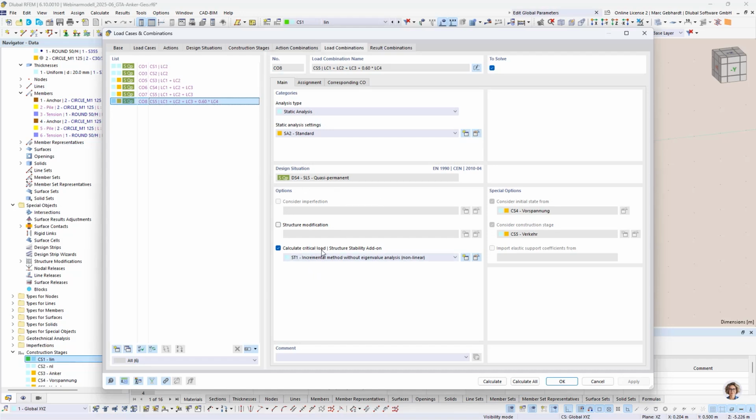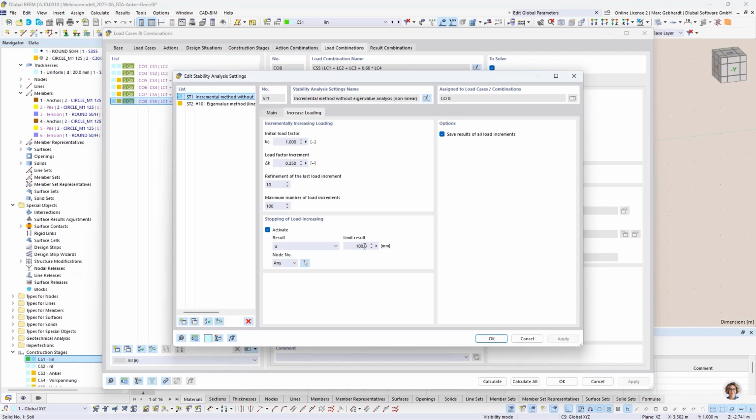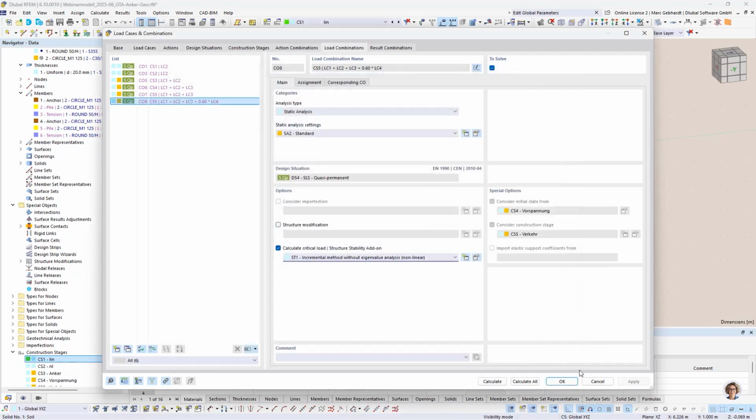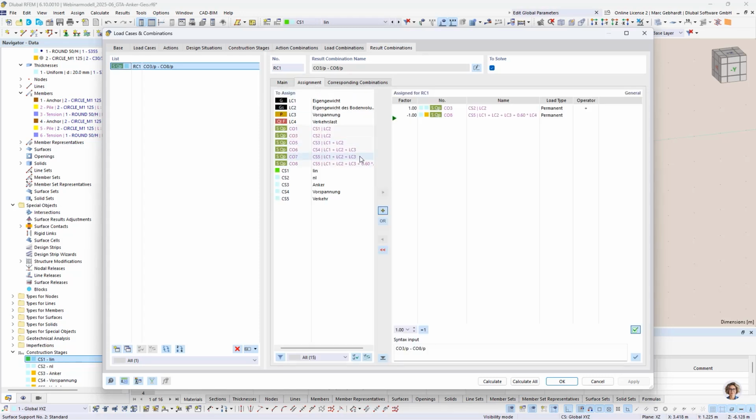As said before, we want to do a critical load analysis by the structure stability add-on with the nonlinear incremental method until 100 millimeters deformation. Additionally, I did result combination to see the additional contact stresses coming from the normal vehicle load to see if our model is big enough.